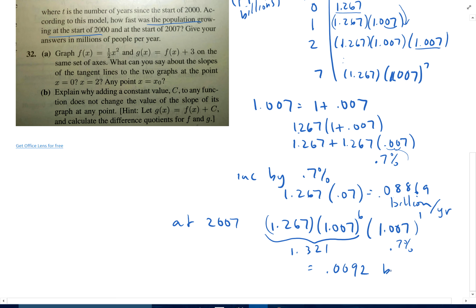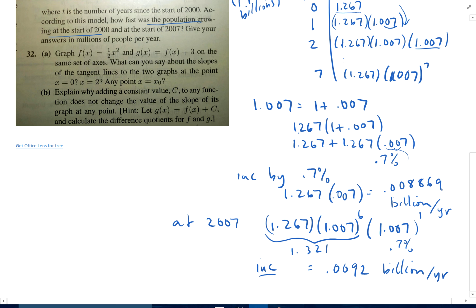So it would be this much billion. So this is the increase, how much it's increasing by. So it's increasing by that many billion per year at that point. When I calculated this up here, I multiplied by 0.07, should have been 0.007. Sorry about that. I know you're probably screaming at your computer. So I apologize. So it's 1.267 times 0.007. That just brings the decimal over.